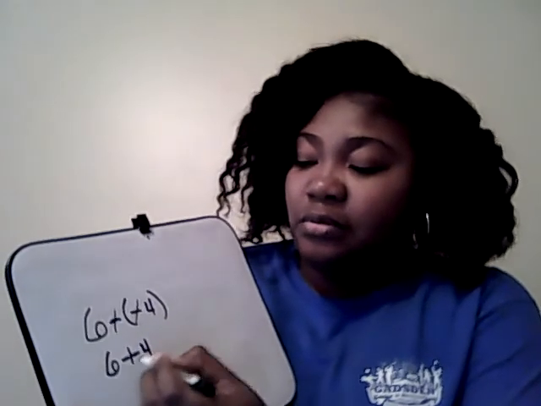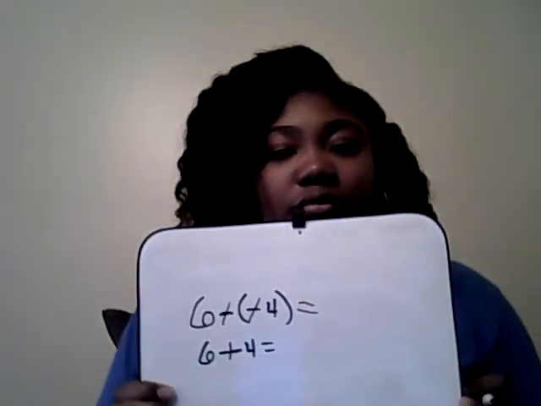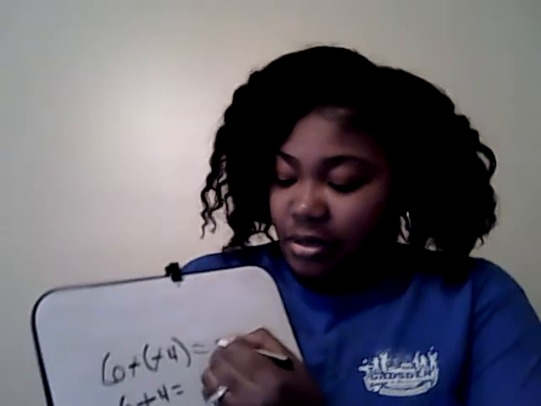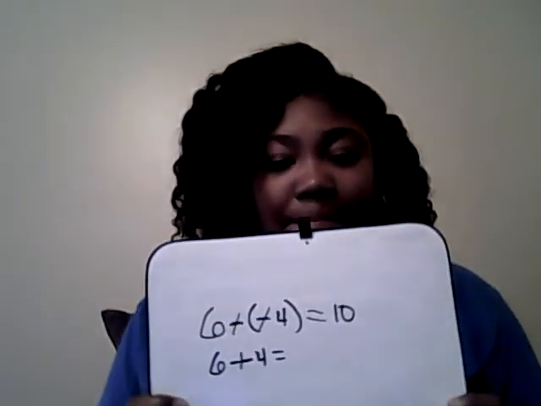So now you're saying 6 plus 4. 6 plus 4 is 10. Okay? Don't worry, we're about to do some more like this, because I've seen time and time again students struggle with problems looking just like that.